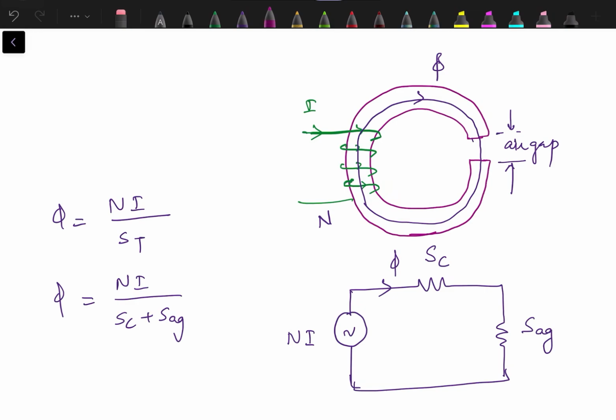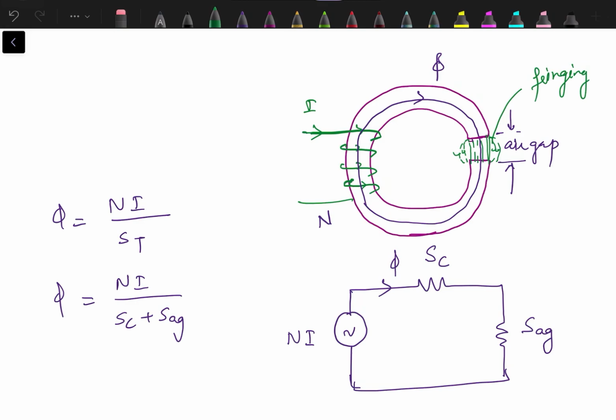Now we can see that here we have an air gap. The flux can remain confined to this path, or it can even bulge out like this over here. This bulging out effect is known as fringing.